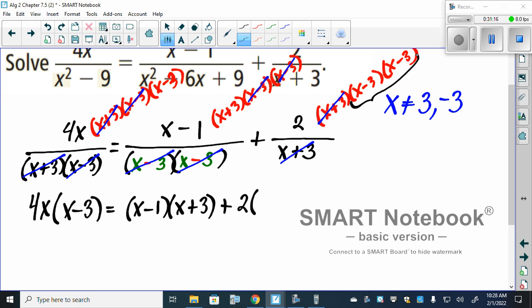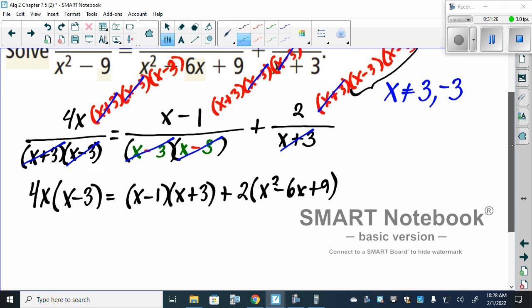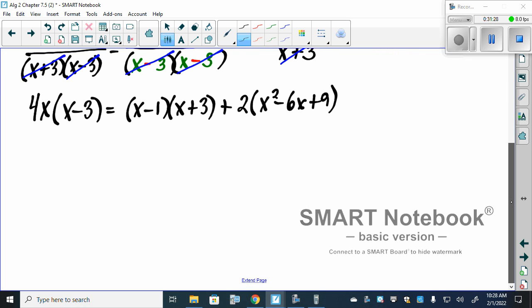Where did we get that from? Yeah, we can fill that back in. X squared minus 6x plus 9. Because that's where we actually got the x minus 3 and x minus 3 from, so we can put it back together to get our x squared minus 6x plus 9.